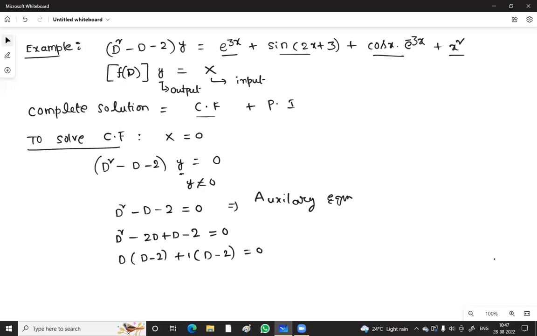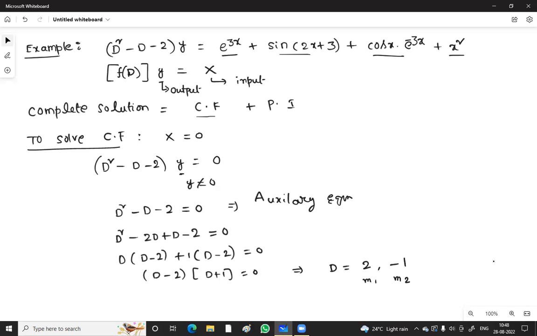Taking D minus 2 as a common term, you will get D minus 2 times D plus 1 is equal to 0. Finally you get two roots: D is equal to 2 and D is equal to minus 1. So this is m1, this is m2. The two roots are real and different.